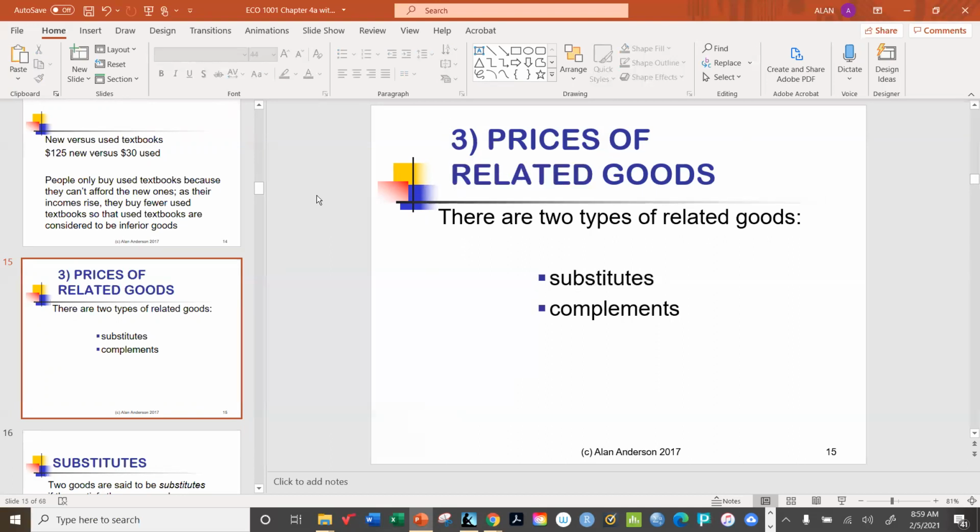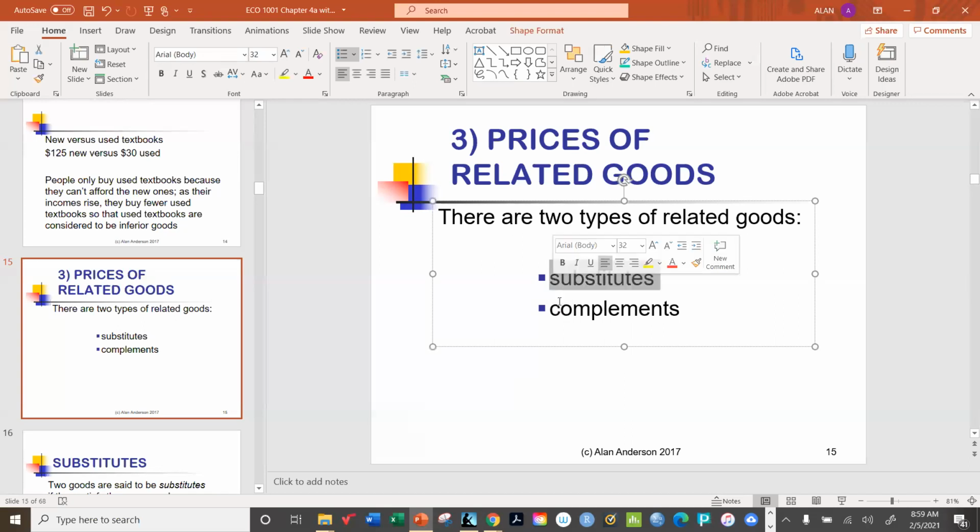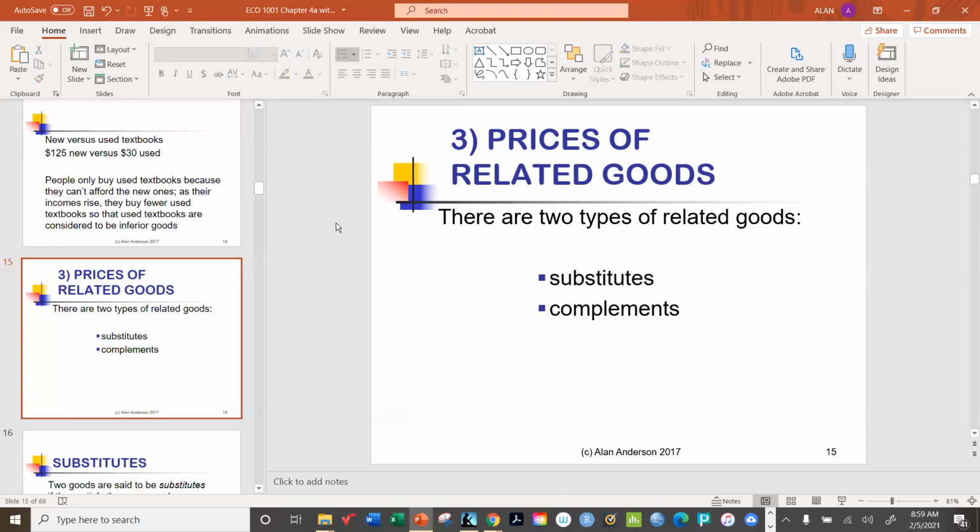And if you like one, the chances are pretty good you'll like the other one. But let's say we're thinking about Coke and lettuce. Well, clearly they have absolutely nothing to do with each other. So we're not considering those cases here. We're only looking at goods that fall into one of these two categories: substitutes and complements. Okay, so we'll start with the substitutes.